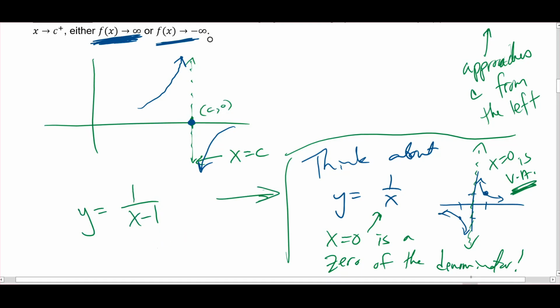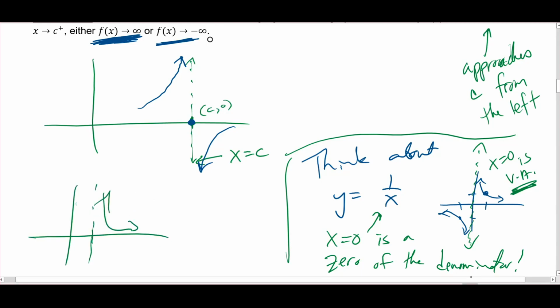Because we're just subtracting from the x value. Well, it moves everything over 1 unit, including that asymptote. So it's going to look like this. So x equals 1 for this graph is a 0 of the denominator. So notice this. Really, we're just going to be looking for zeros of denominators eventually.